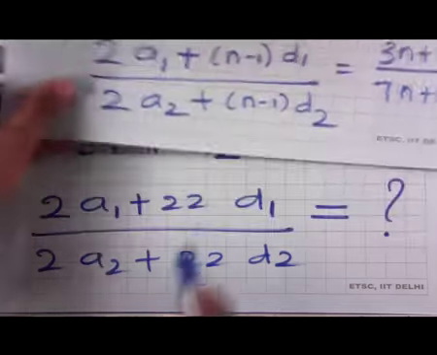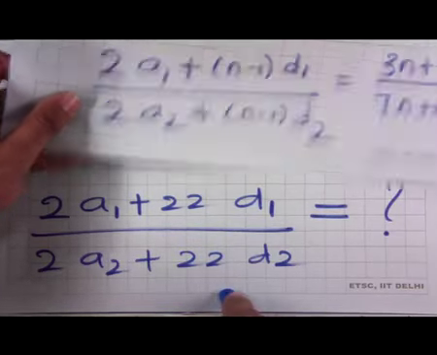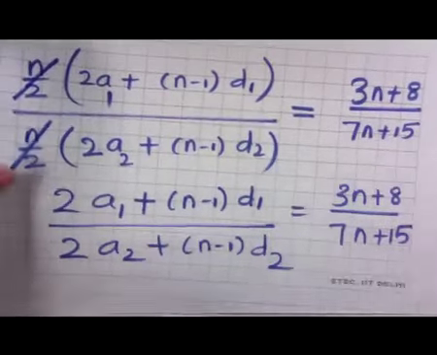Therefore, the required ratio can be obtained by putting n equal to 23 in the given equation.